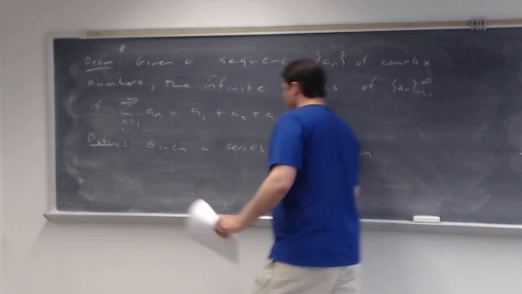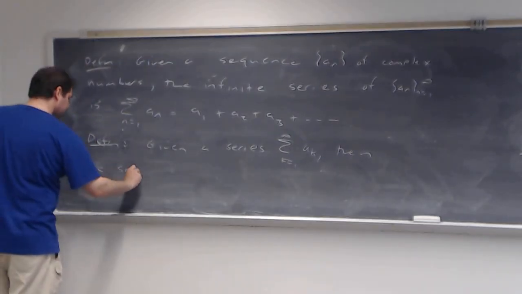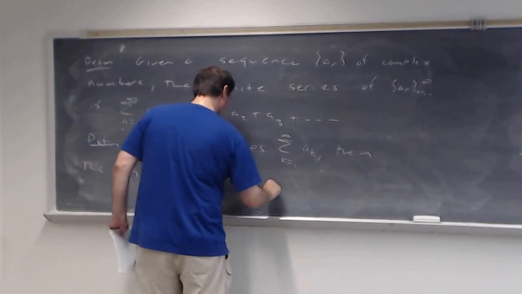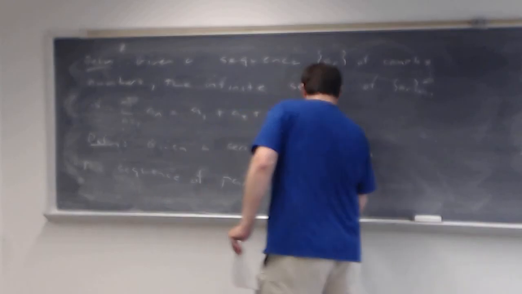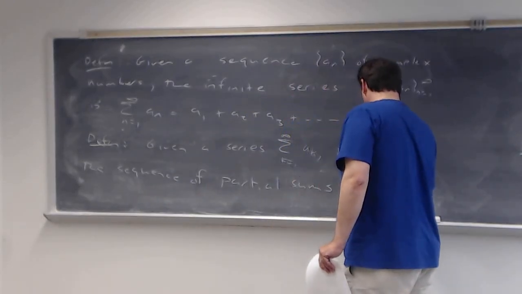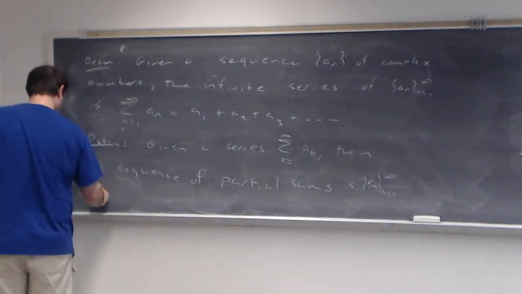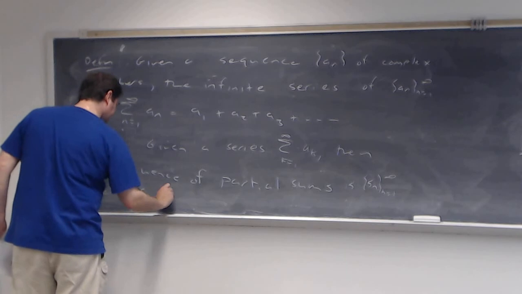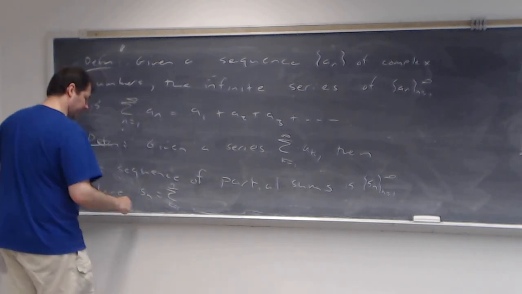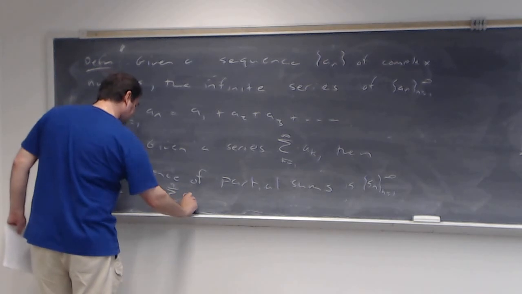Then the sequence of partial sums is S sub n, where S sub n is equal to the sum as k runs from 1 to n. So this is the nth term in the sequence of partial sums of a sub k.